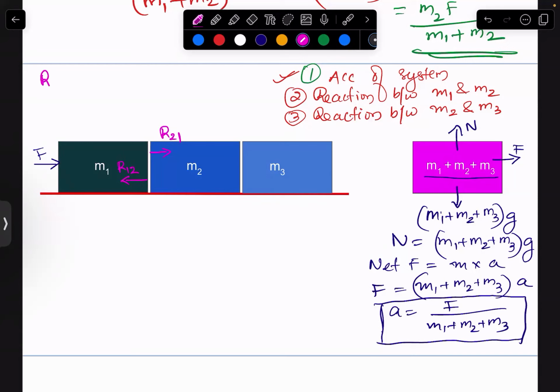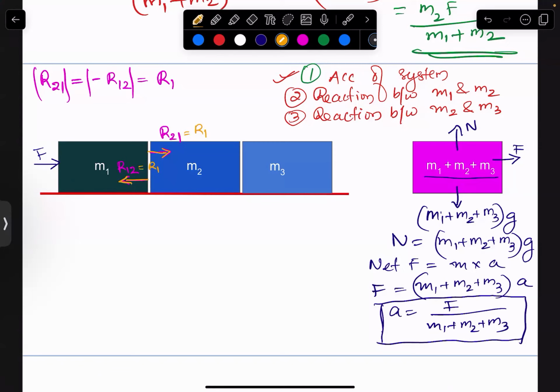So I will write R21 equals minus R12, which means the magnitude of both is R1. Now we can write this as R1 and this also as R1. We are just talking about the magnitude here. The direction, we know, is equal and opposite, right?